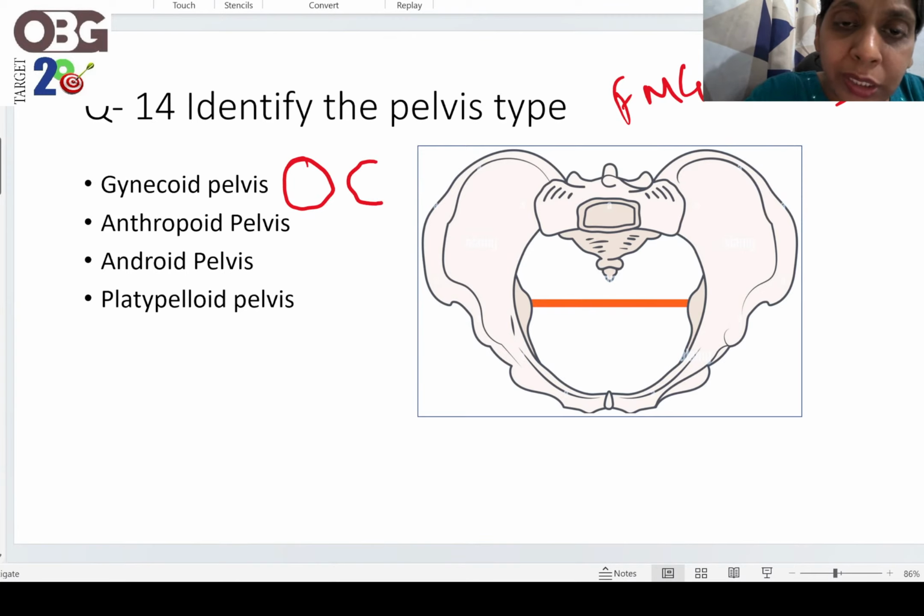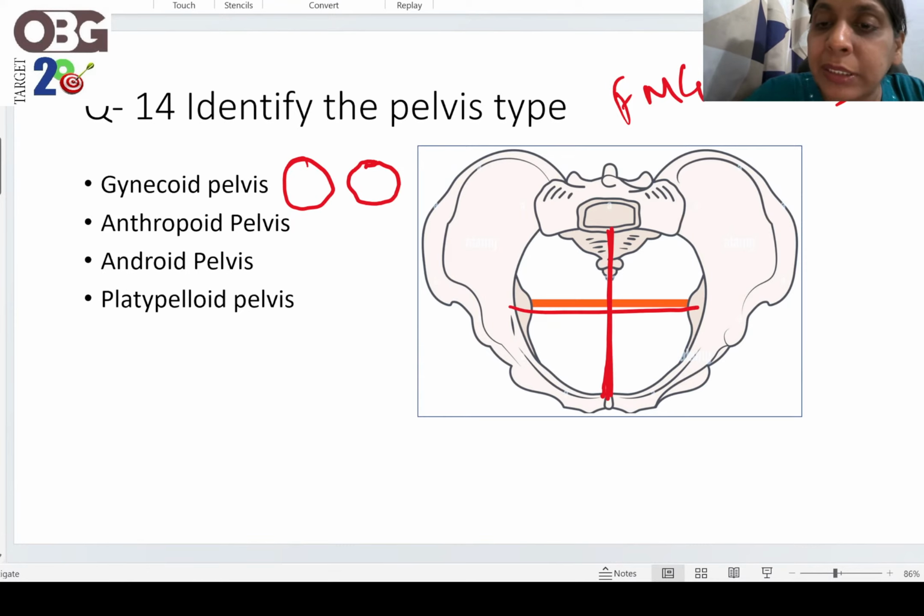Not a total transverse oval, a little transverse oval. The transverse diameter is slightly higher than the antero-posterior diameter. If you see here, the antero-posterior diameter and the transverse diameter, the transverse diameter is just slightly higher.